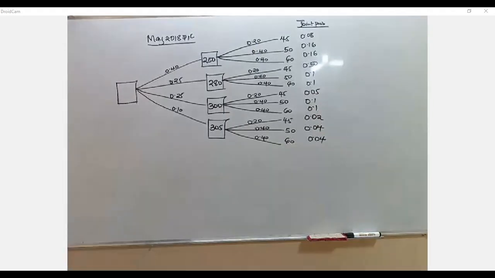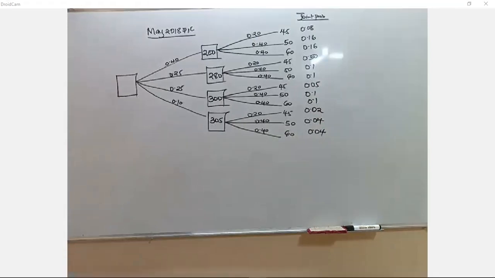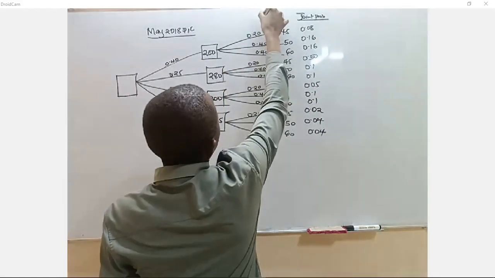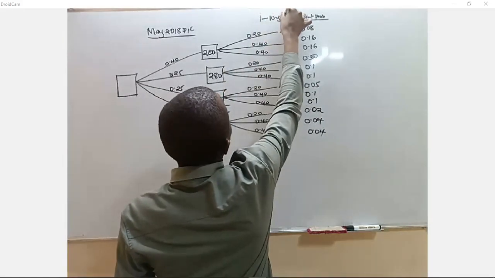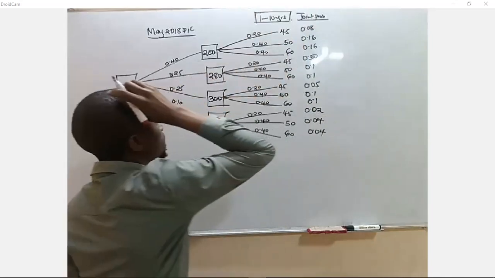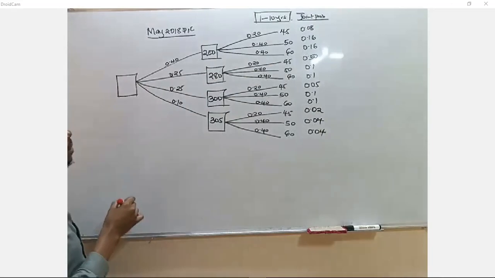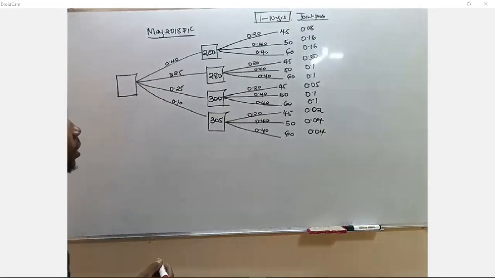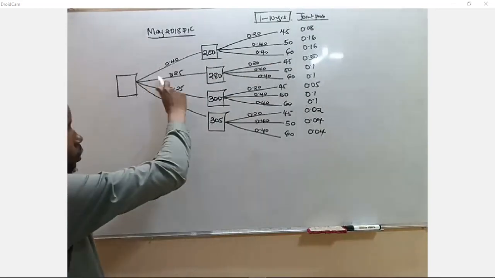The examiner asks us to construct a decision tree for the investment to show the payoffs, probabilities, and the net present values. These cash flows come within year 1 to year 10. This is an annuity.